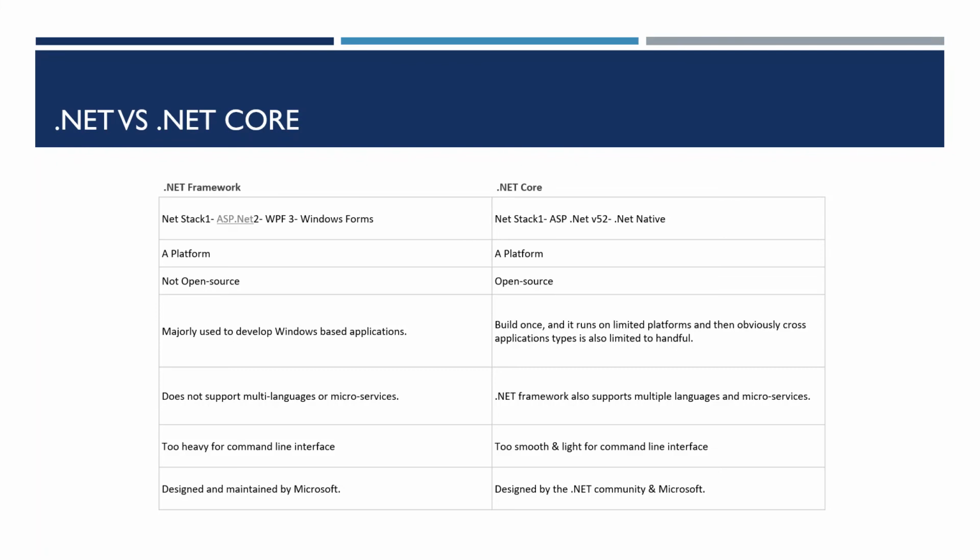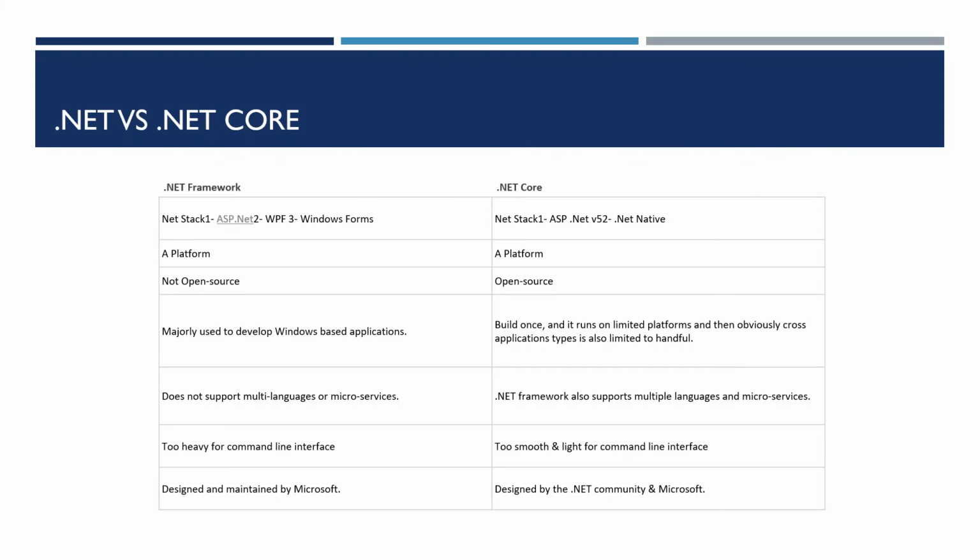So here are some of the differences, right? They're both a platform, but you can see here that, for example, .NET Framework is not open source, whereas .NET Core is open source, right? You have to rewrite code if you are going to support different operating systems when it comes to .NET Framework.